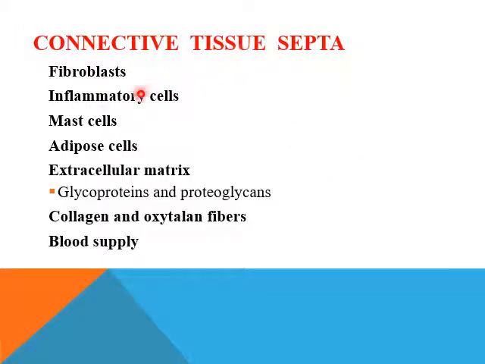Connective tissue septa, like any connective tissue present in the oral body, contain cells. The main cells of connective tissue are fibroblasts, also inflammatory cells, mast cells, and adipose cells, plus extracellular matrix, glycoprotein and proteoglycan, meaning glycogen and protein. They also contain collagen fibers, oxytalan fibers, and blood supply and nerve supply.